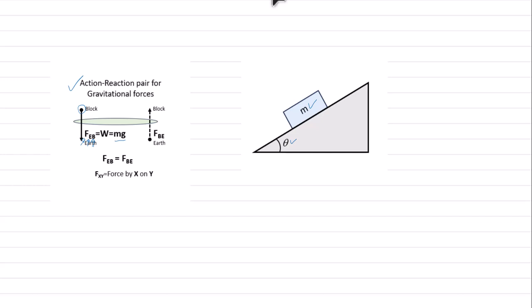And the reaction counterpart of this force will be the force in the opposite direction. That is the force by block on Earth, which is equal in magnitude but opposite in direction. And since it is a force acting on Earth, I've indicated it again with the dot sign.